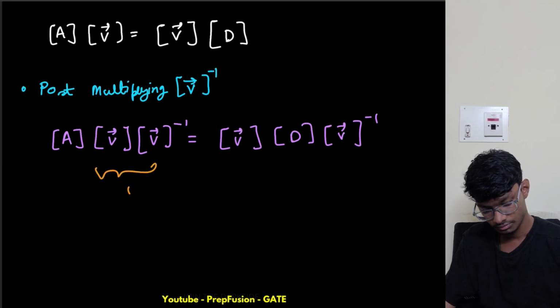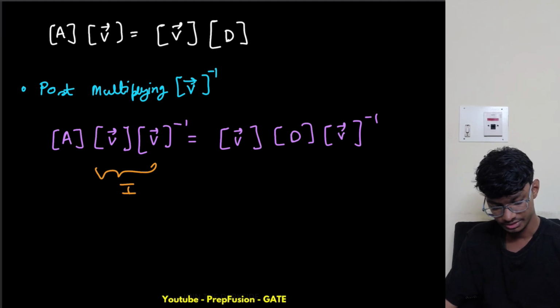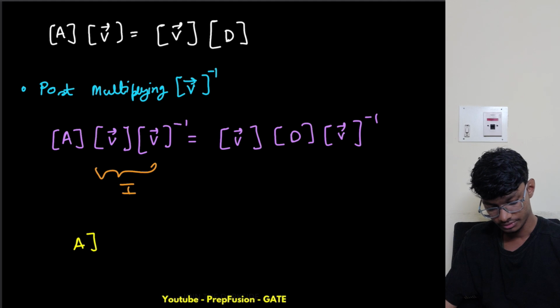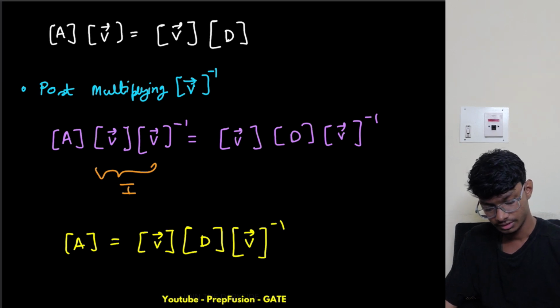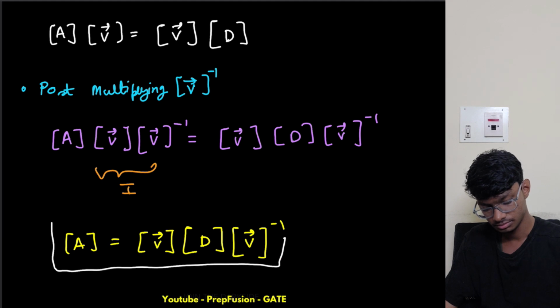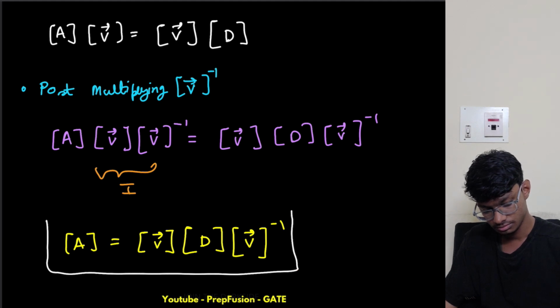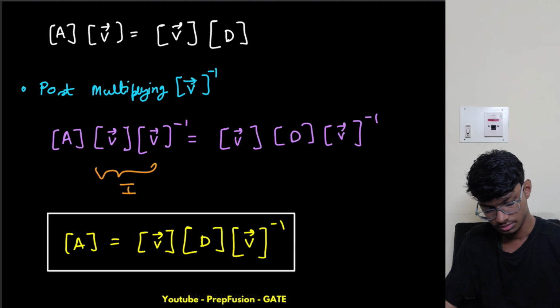A times I is A only. So what is the final equation that I get? A equals V D lambda inverse... A equals V D V inverse. Okay, so this is my final equation.